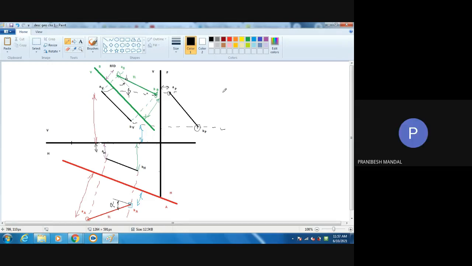I am not asking you and I am not showing how to find out gamma. That is very easy. You have to take a plane parallel to the profile projection and make that PC and take the length from the vertical plane.